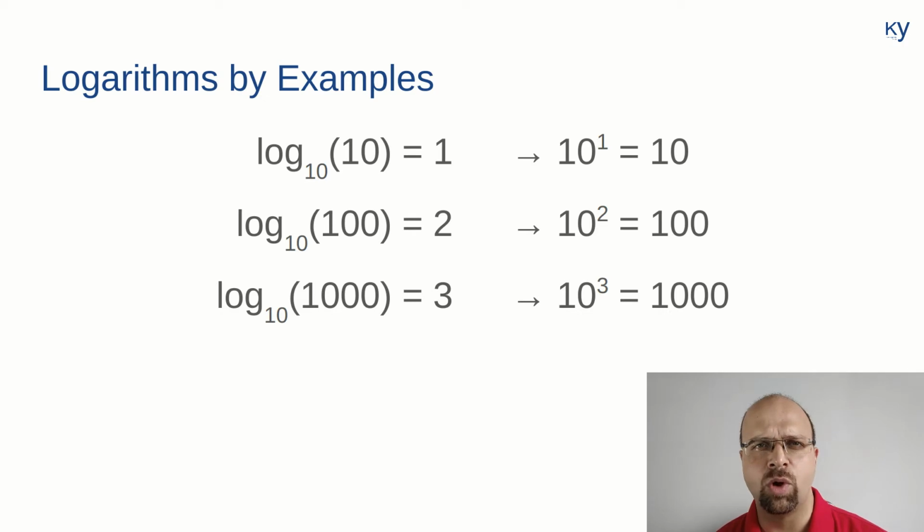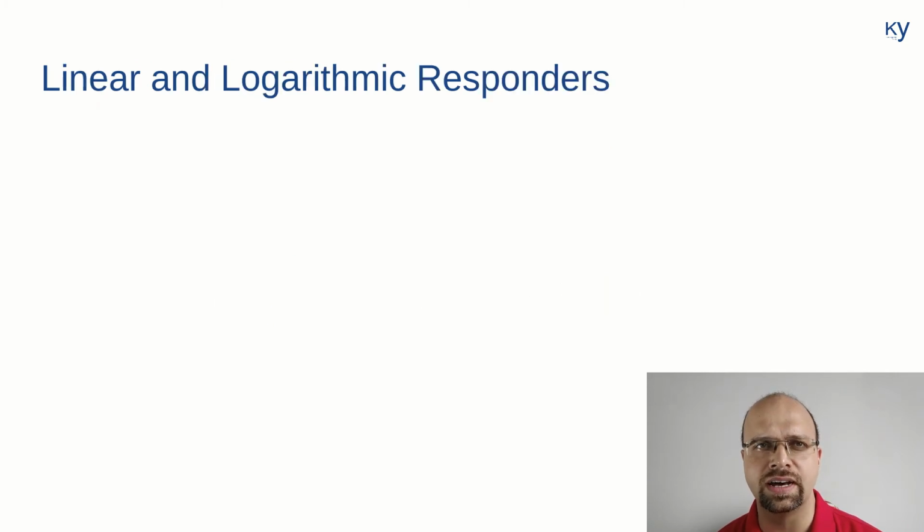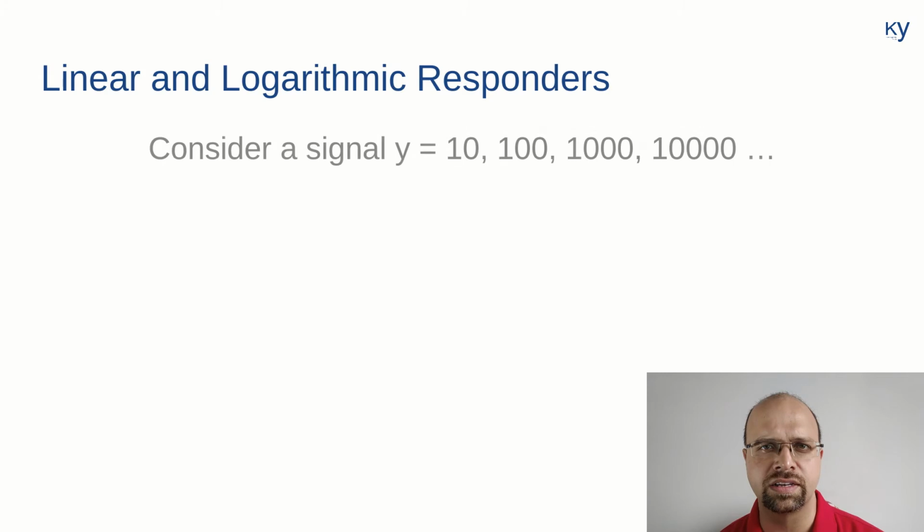Alright, so on the basis of our understanding of logarithms so far, we can now define something called a linear responder and a logarithmic responder. So let's see how that works. Suppose there is a signal, and the signal changes as follows. First it is 10 units, then it's 100 units, then it is 1000 units, then it is 10,000 units, and so on.